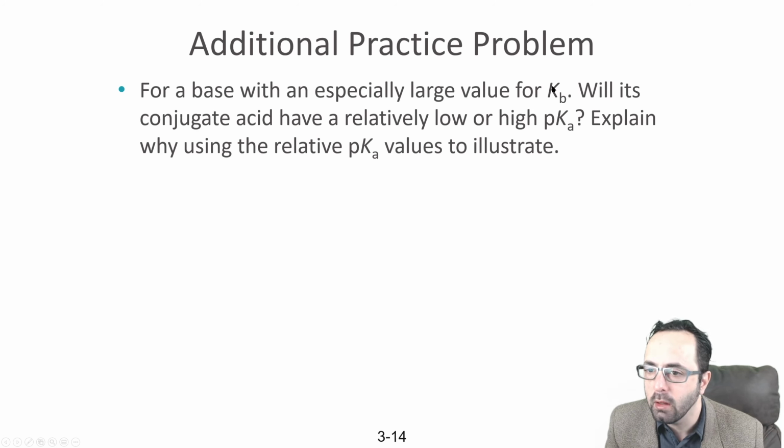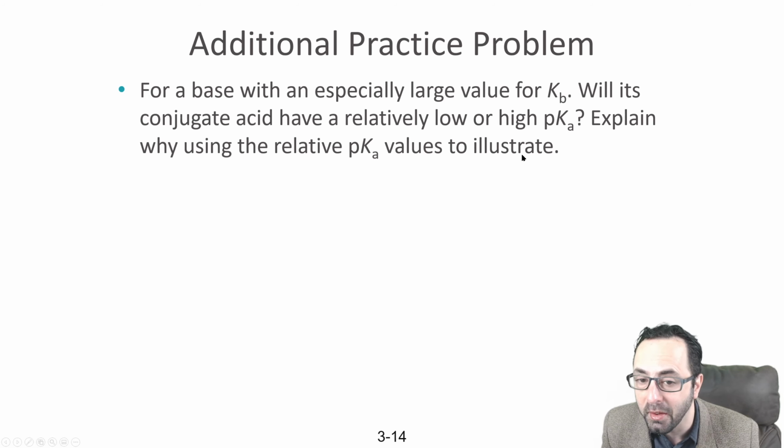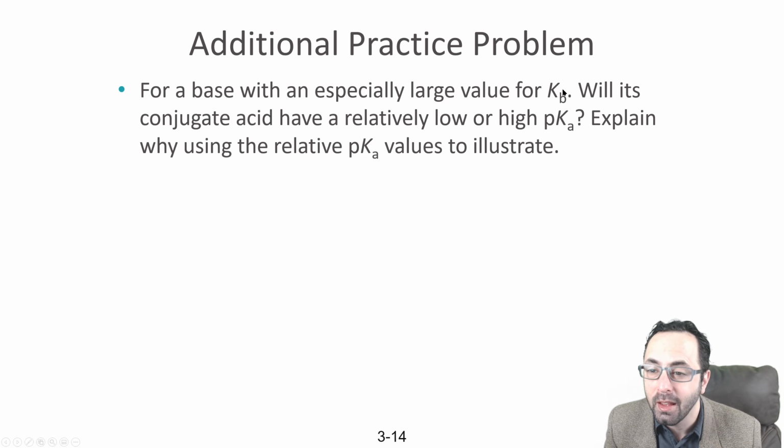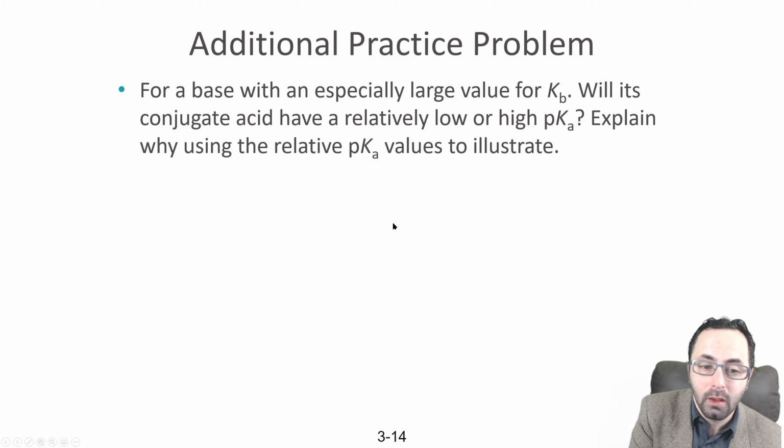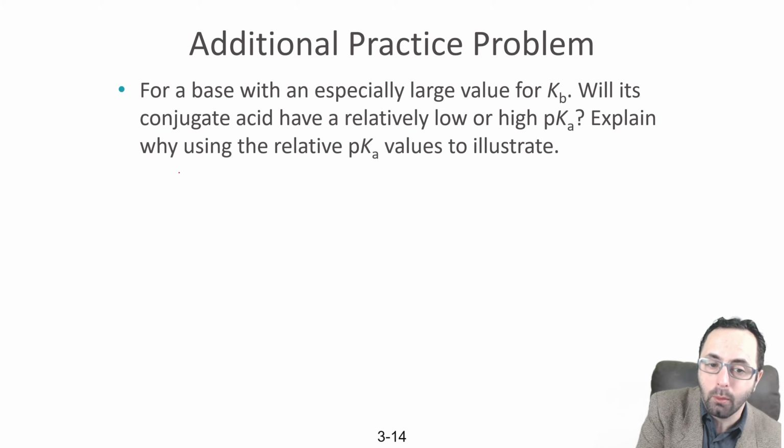So a base with a very large value of Kb, will its conjugate acid have a low or high pKa? Okay, this is a very interesting question and well stated, I think, because it asks you about Kbs and Kas and pKas as well. So you have to keep all of this straight. So let's write down what we know.